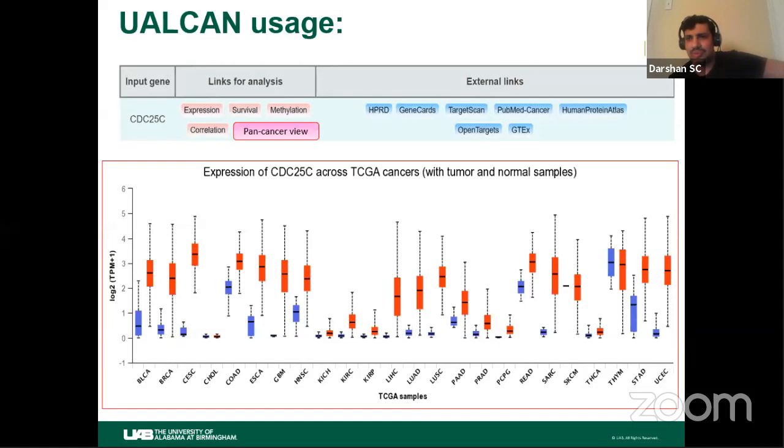BLCA corresponds to bladder cancer, and these codes are given by TCGA, so I'm using the same codes. At one shot, the user can visualize in which cancers my gene of interest is high, in which it is really high, in which it shows opposite expression, or shows no difference. They can easily view this in the pan cancer view, and again, this can be exported and used.